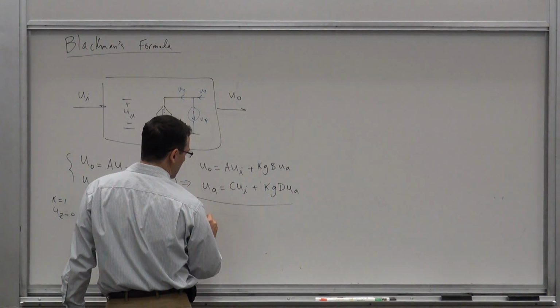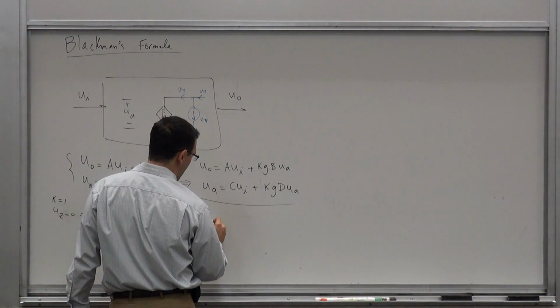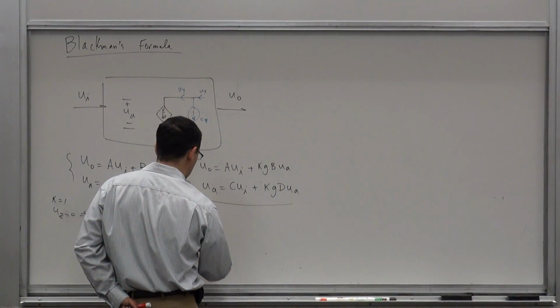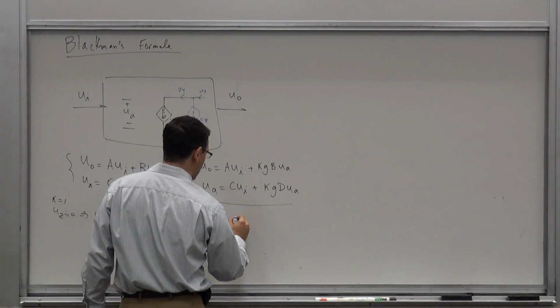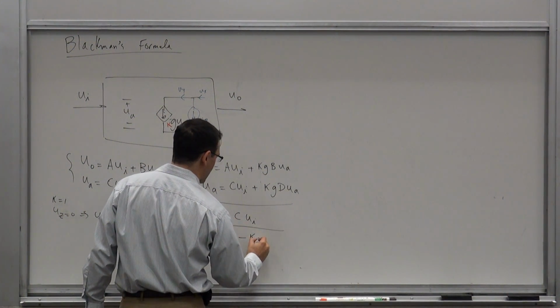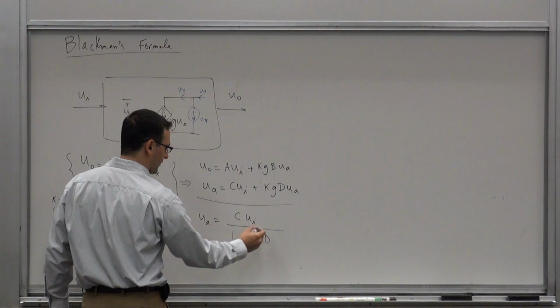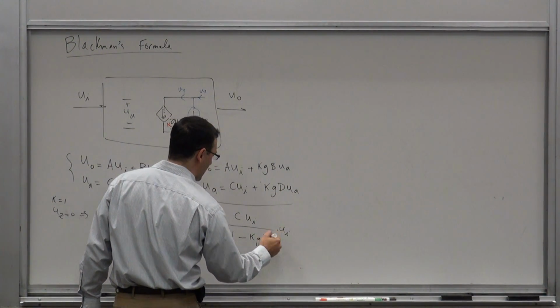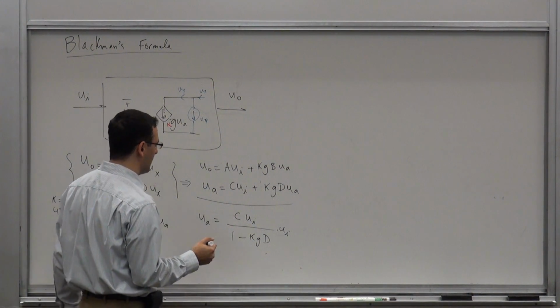From here, you get UA is C UI divided by 1 minus KGD, and then I plug this into the other equation.